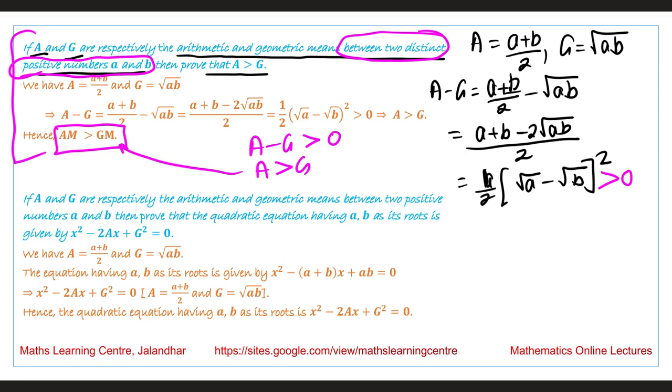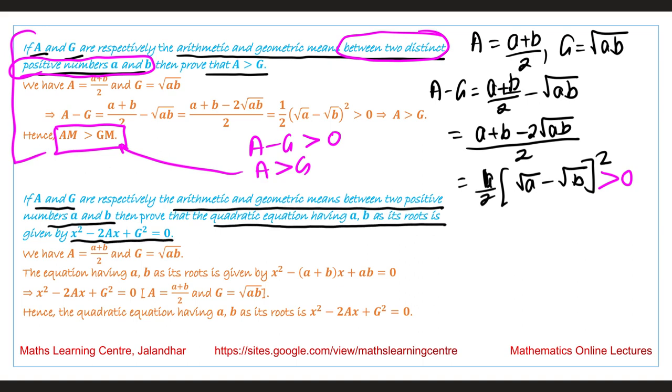Next we have: if A and G are respectively the arithmetic and geometric mean between two positive numbers a and b, we have to prove that the quadratic equation having a and b as its roots is given by this formula. So we have the value of A is equal to (a plus b) by 2.